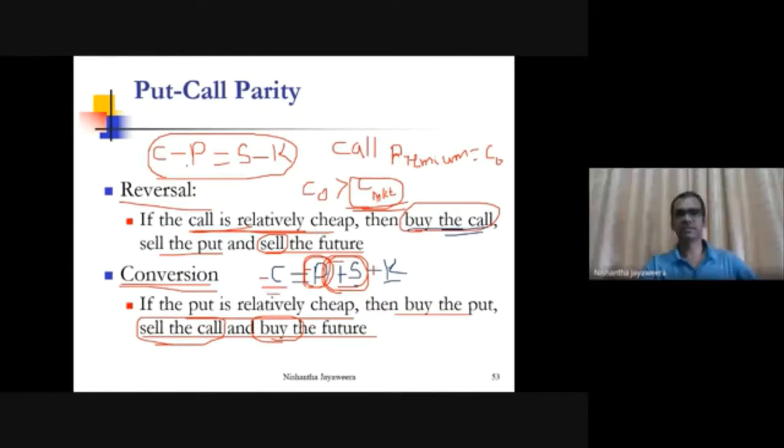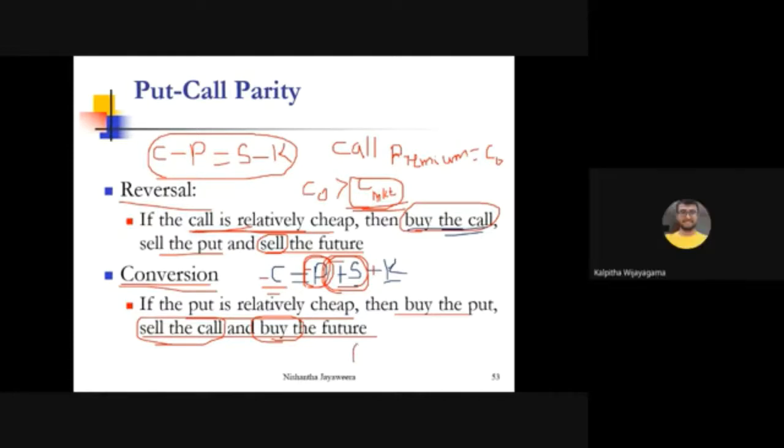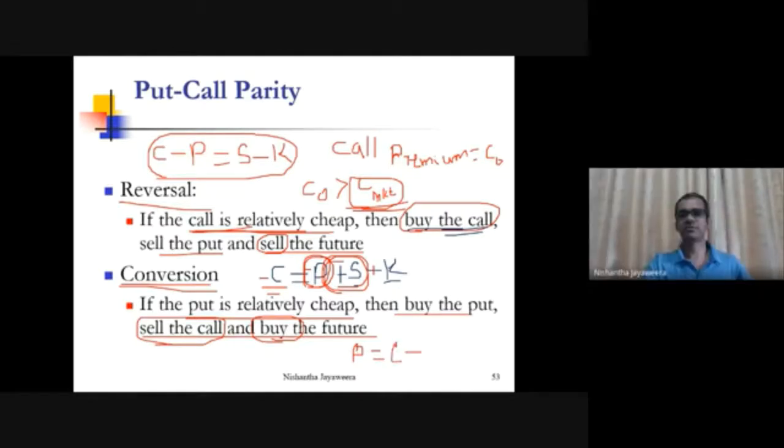Likewise, rearranging these equations, you can think synthetically what would be the put option. A put option can be created by buying a call and selling the future at this strike.